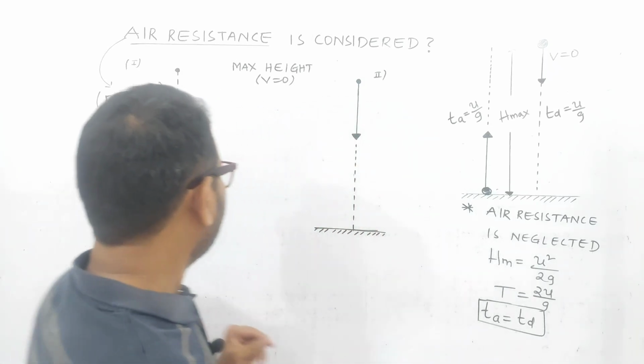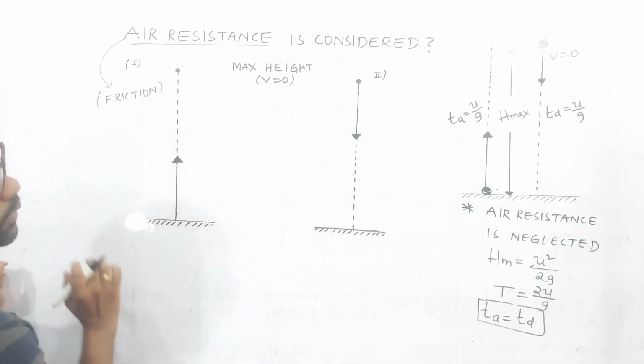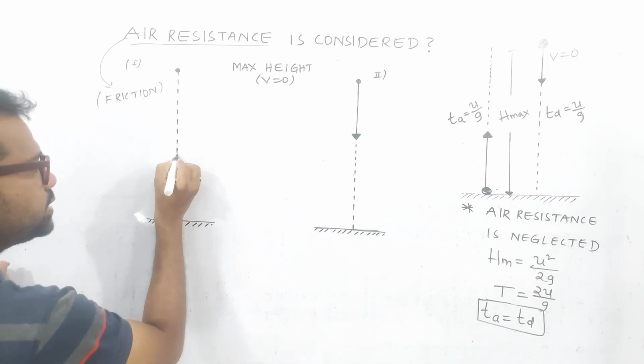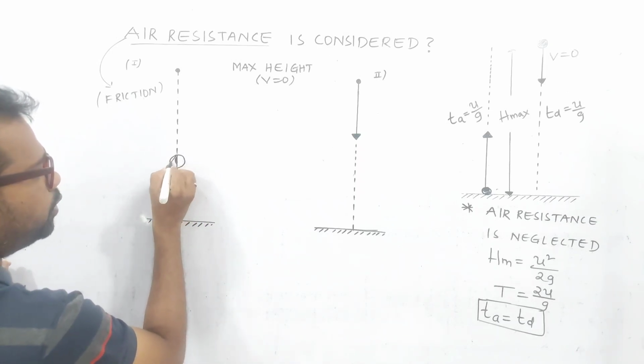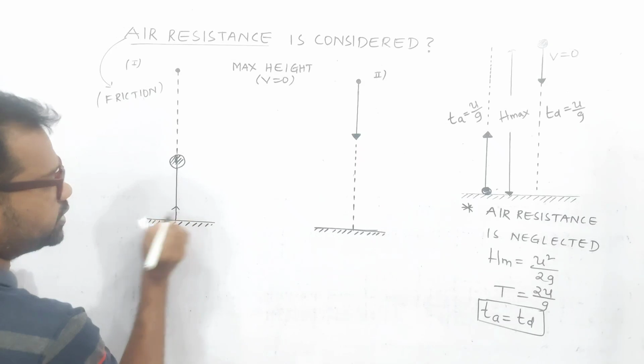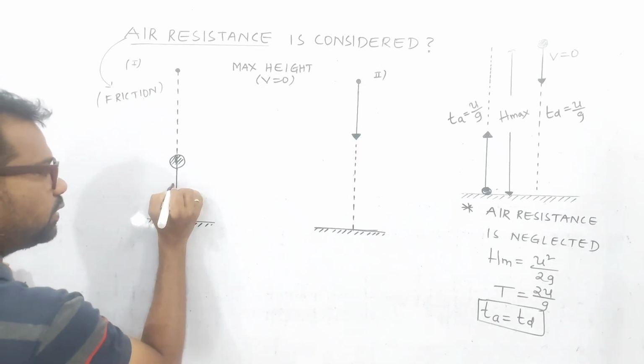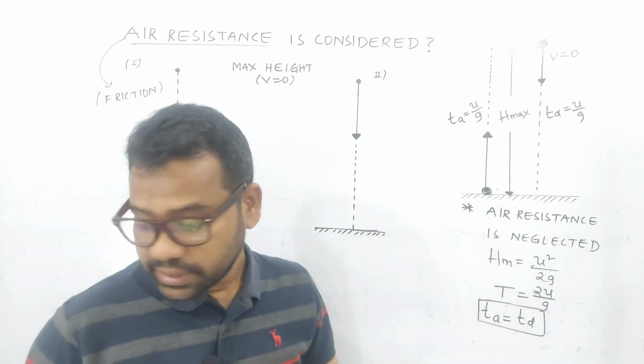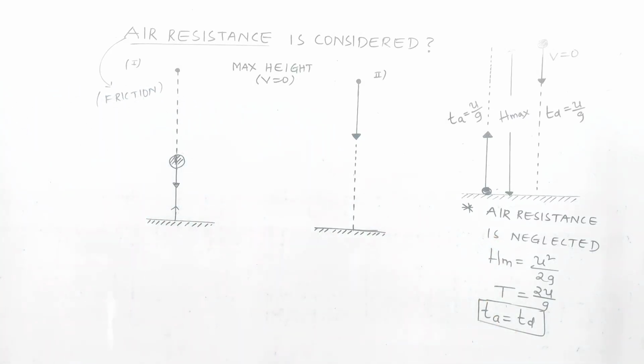Fine, children. Now the body is going vertically upward. Let us take, at any instant, a ball or a body, anything, going vertically upward. Previously, when air resistance was neglected, we had only one force acting on the body, the gravitational force.